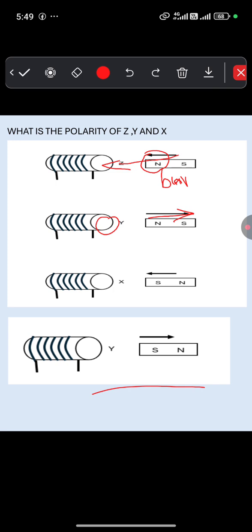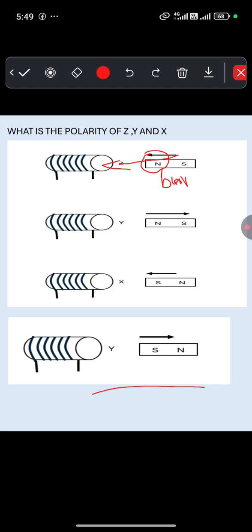So here, it is because when you push in the magnet, you are inducing the current. Now the current that is induced is going to oppose the magnetic flux that is creating it.